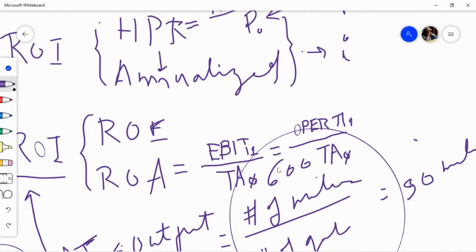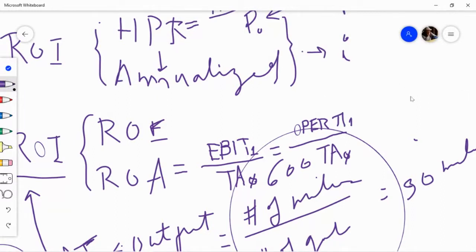I think there was a chapter 2 problem on Connect, a question about return on fund providers or asset providers.